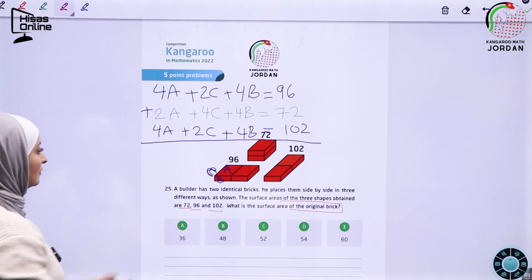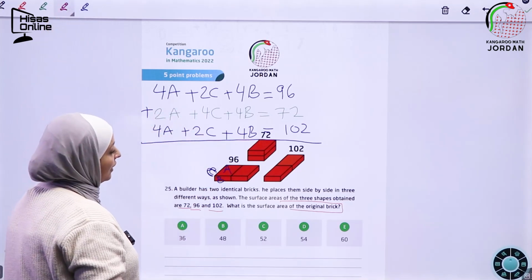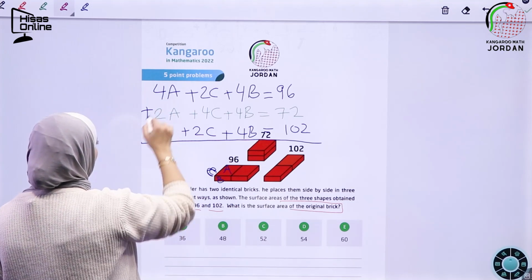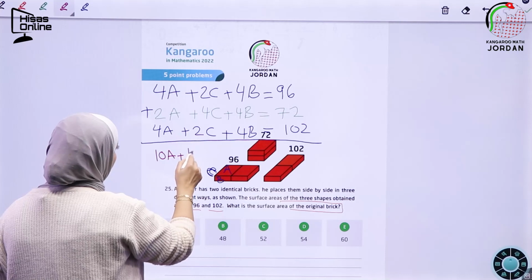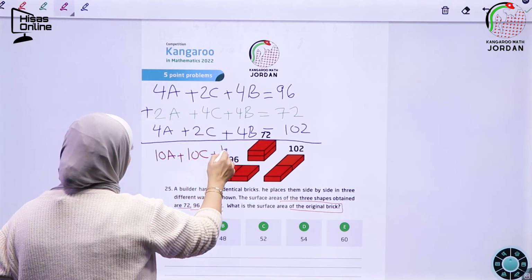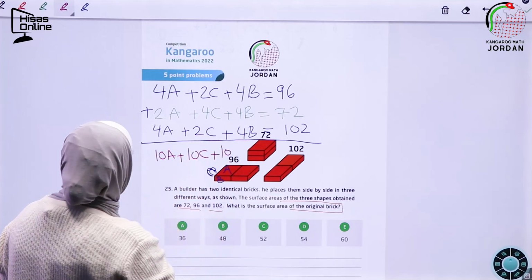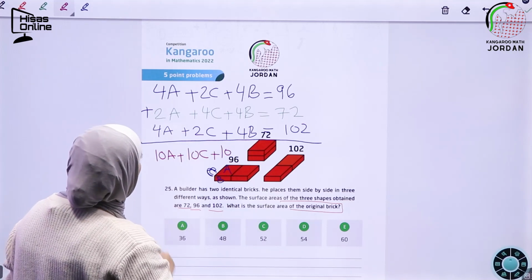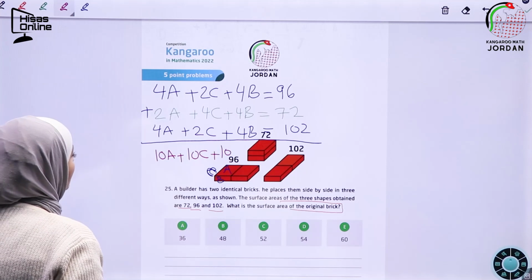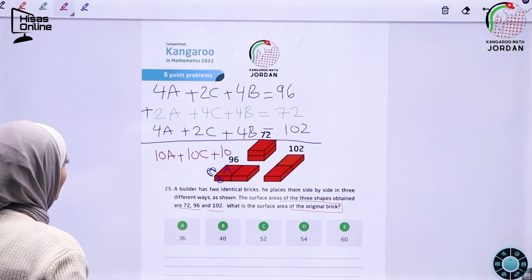All the possible equations together. 4 plus 4 plus 2, so it's 10A plus 10C plus 10B. Supposedly here we have 2. What is wrong? 96. We have B, yeah.